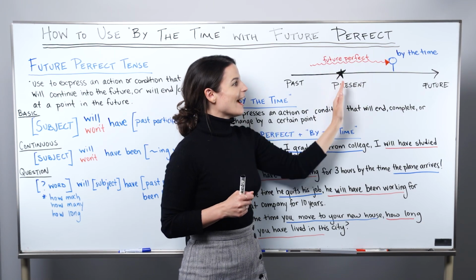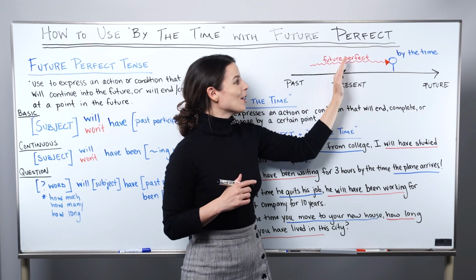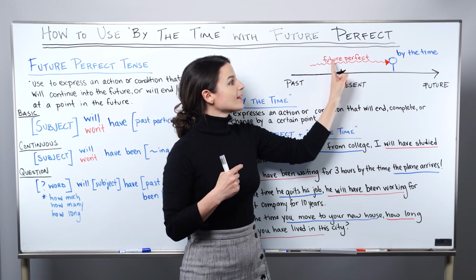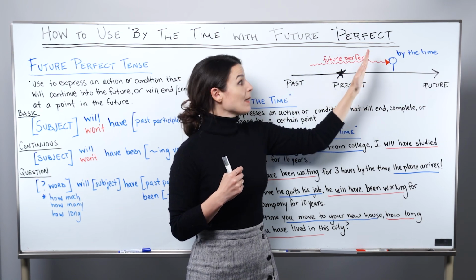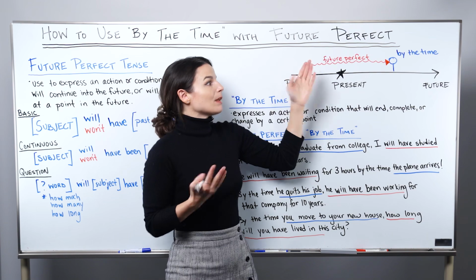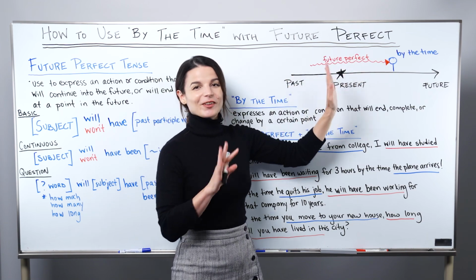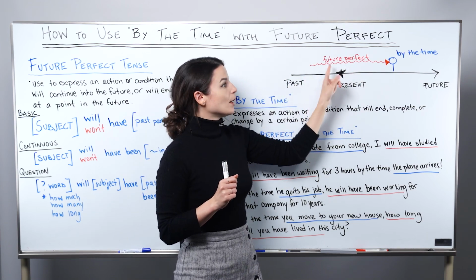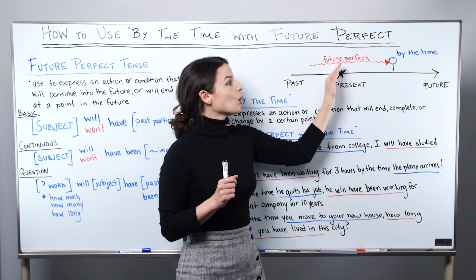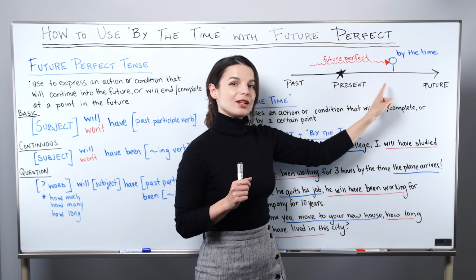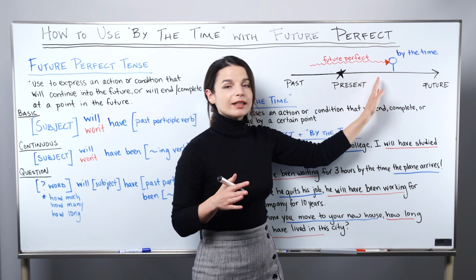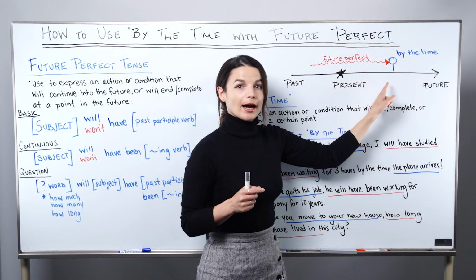So if this is now, this current moment now, future perfect is expressing an action that is going to continue into the future. Maybe it started in the past, or maybe it started in the future, that's okay, depending on the sentence. But we want to note the action is going to continue into the future, and then it may change or stop or complete at this by the time point.